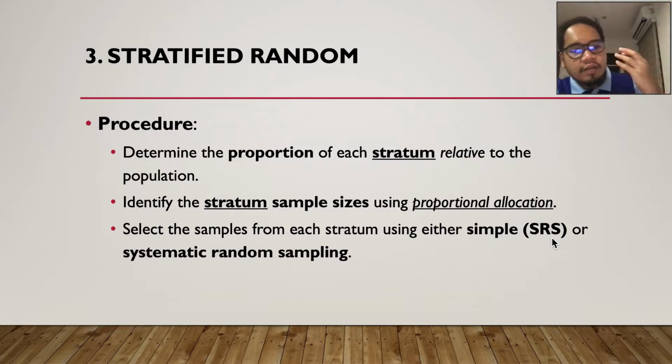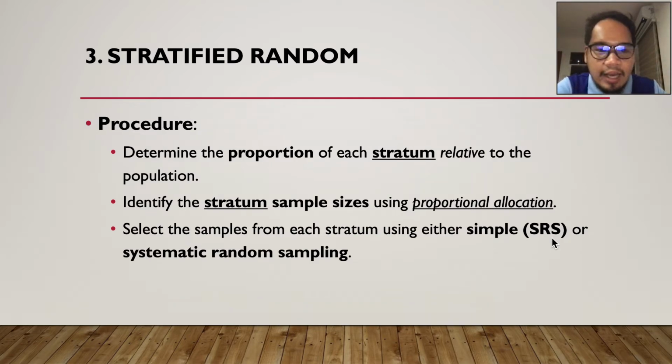the point of stratified random sampling is that it does not give us a way of gathering the sample. It only tells us how many samples we need per stratum. At the end of the day, after stratifying, we still need to know how we will gather the data.